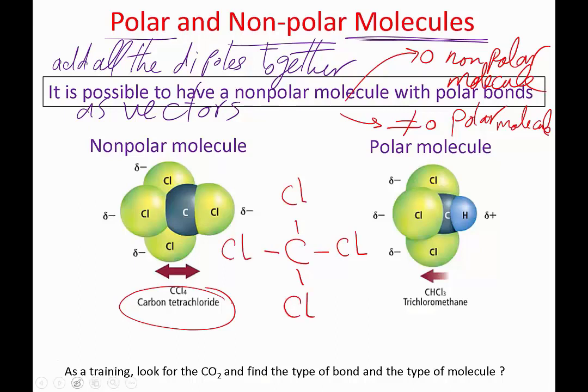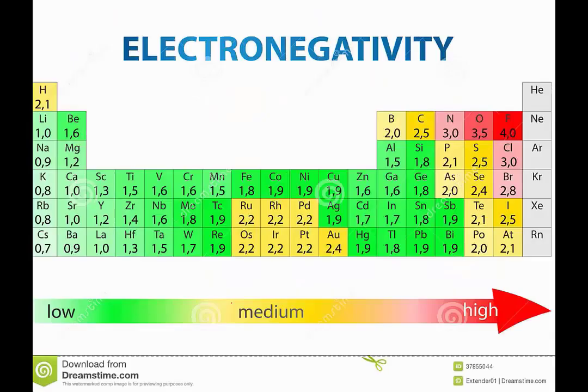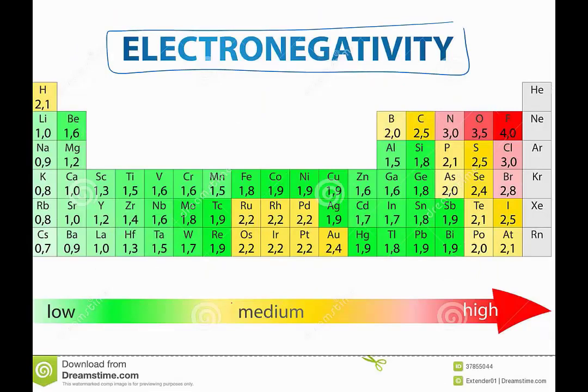Chlorine or carbon? To know which one is stronger, we need to look at this property: electronegativity. The one with higher electronegativity can pull the electrons more, and the one with lower electronegativity can pull the electrons less.